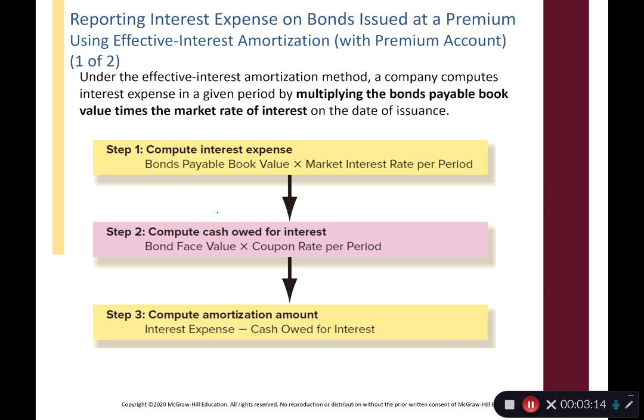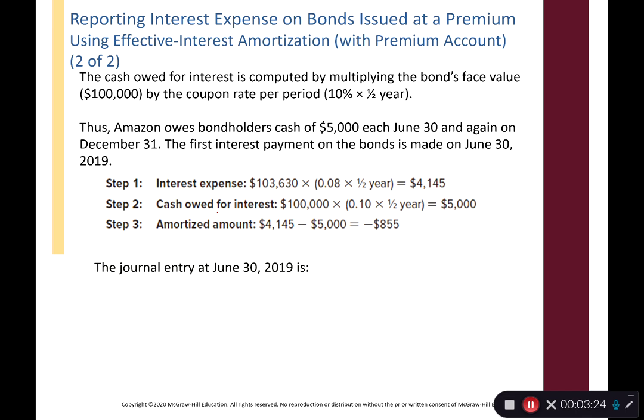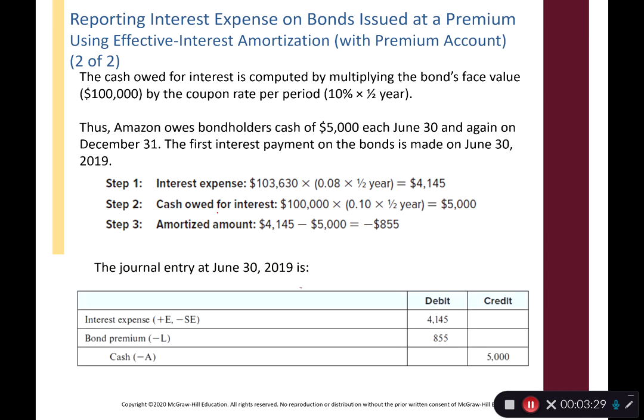Then to record interest, we're going to calculate interest expense using cat's meow. Calculate the interest paid, which we already did. Fun stuff. And then the difference is the amount of the amortization. So in the first interest period, our journal entry is cat's meow, carrying value times market rate. Remember, the carrying value in the first period is the issue price, and the market rate is that 4%.